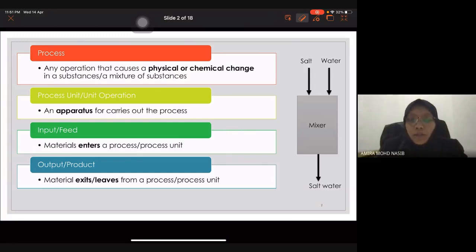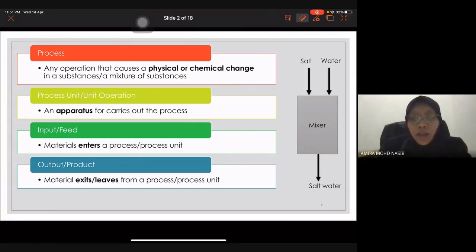So what is the process? The process name is baking, because you want to bake a cake. So what is a process unit or unit operation? A process unit is an apparatus that you use for the process to occur.